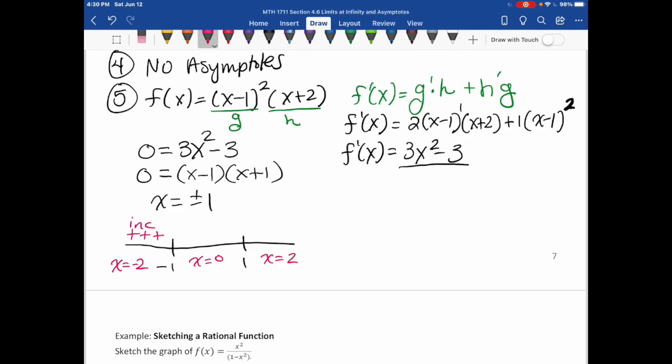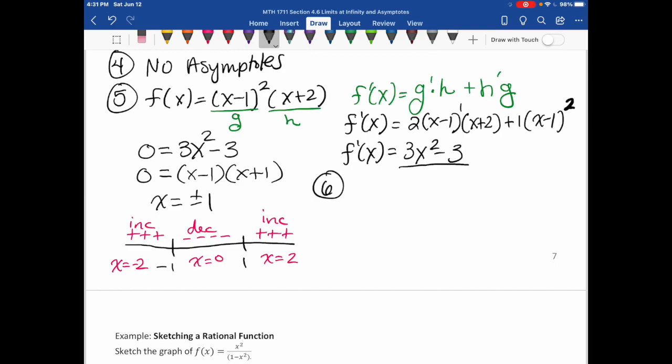When I plug in x is equal to 0, I'm going to get a negative value, which means it's decreasing on that interval. When I plug in +2 into the derivative, I'm going to get a positive value, which means it's increasing on that interval. Now we know the places where the function is increasing or decreasing.